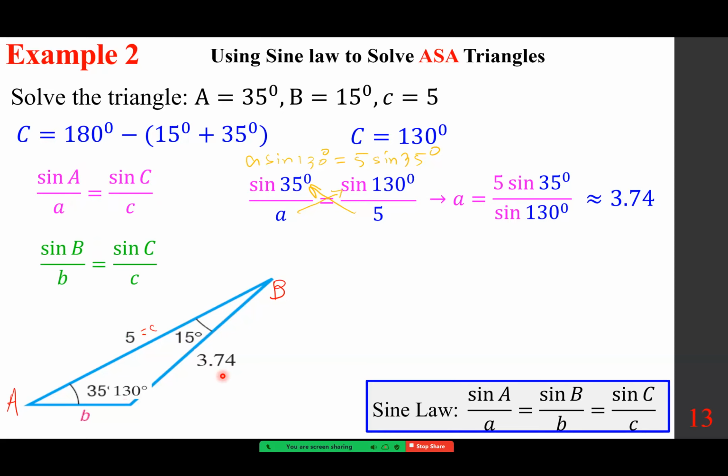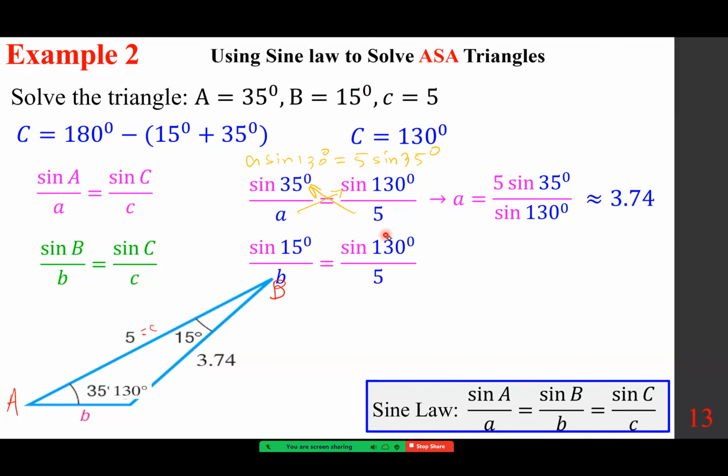Sine B over b is sine C over c. So the right side is identical to this. What about the left side? Sine of B, sine of 15 degrees, and lowercase b is missing. Again, the cross product.